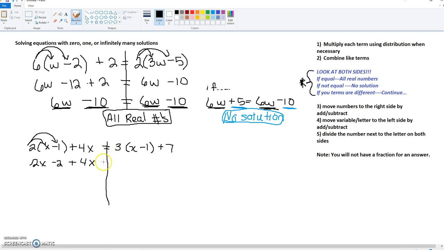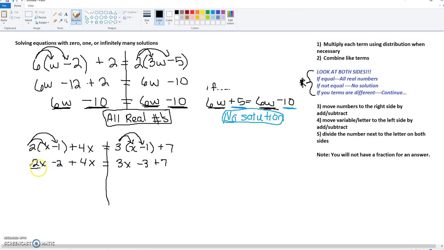Draw my line down. 3 times x is 3x. 3 times -1 is -3. We're going to bring down the plus 7. The next step, of course, is combine like terms. So we're going to look at the left side first.